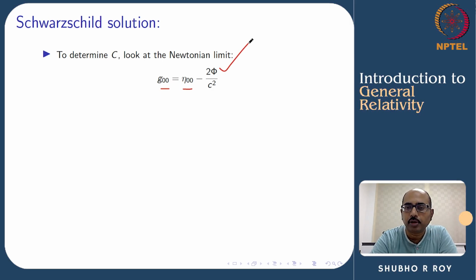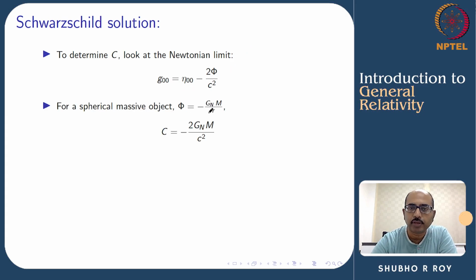So I'm talking about a case in which the gravitational field produced by this spherical object, or spherical distribution of matter energy, is weak. In that case, we can look at this Newtonian limit, and I can take a spherically massive object of mass m. We already know the potential, which is something like this.